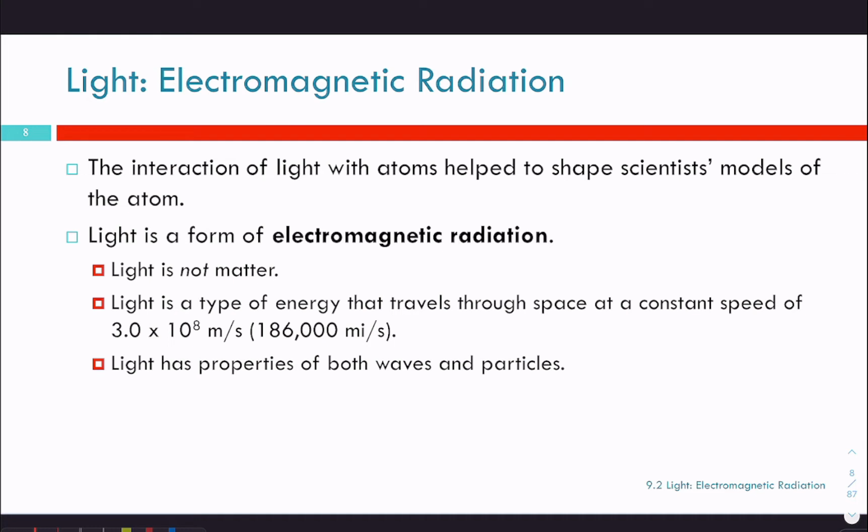They're all forms of light. Light is not matter. It's really energy in motion. Light is a type of energy that travels through space at a constant speed of 3 × 10⁸ meters per second, or 186,000 miles per second.